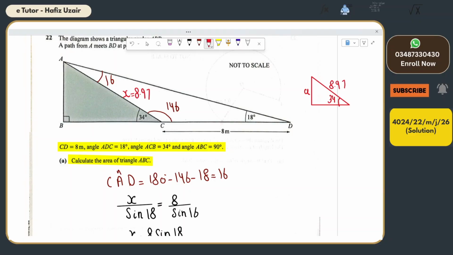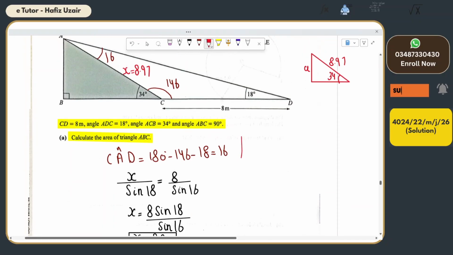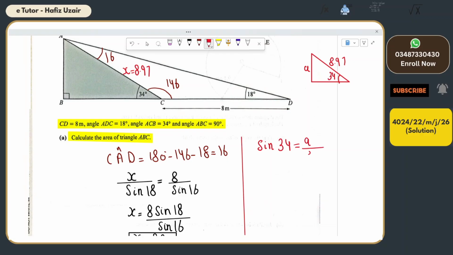Let's say this is A. Sine 34 is equal to A by 8.97, perpendicular over hypotenuse.